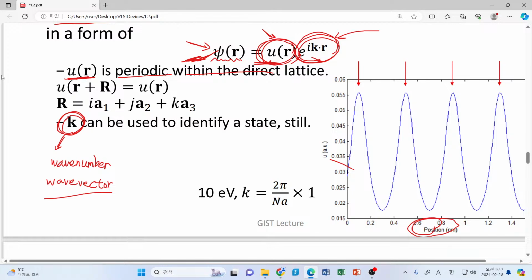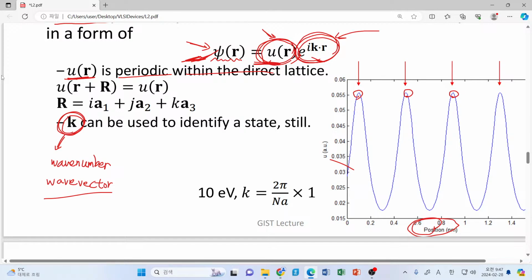So I drew a part of it, and you can see that this u function shows peak, peak, peak, and peak. These peaks are related to the positions of our potential wells.